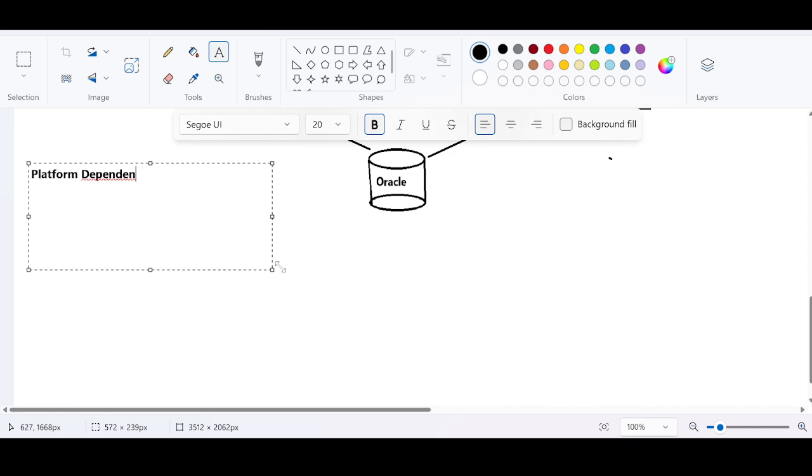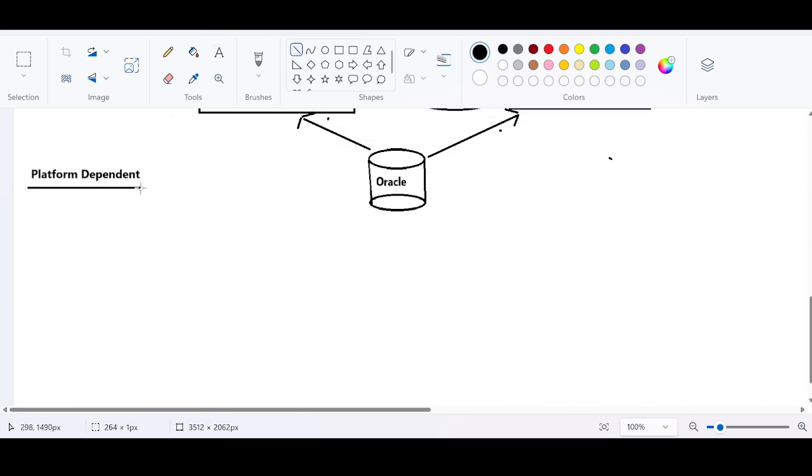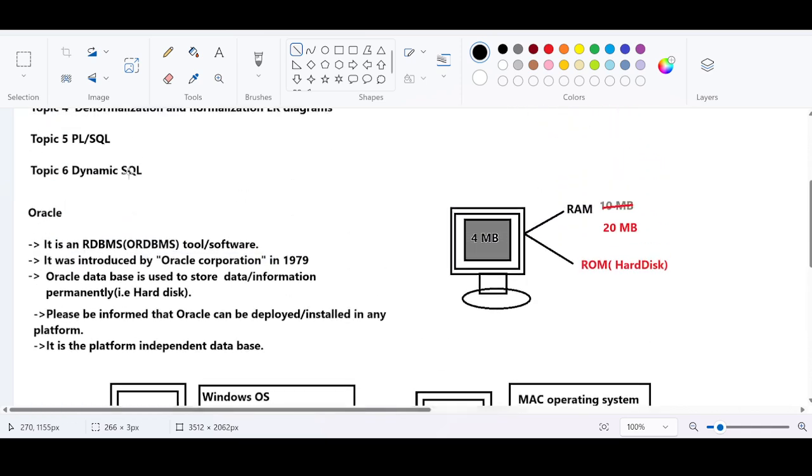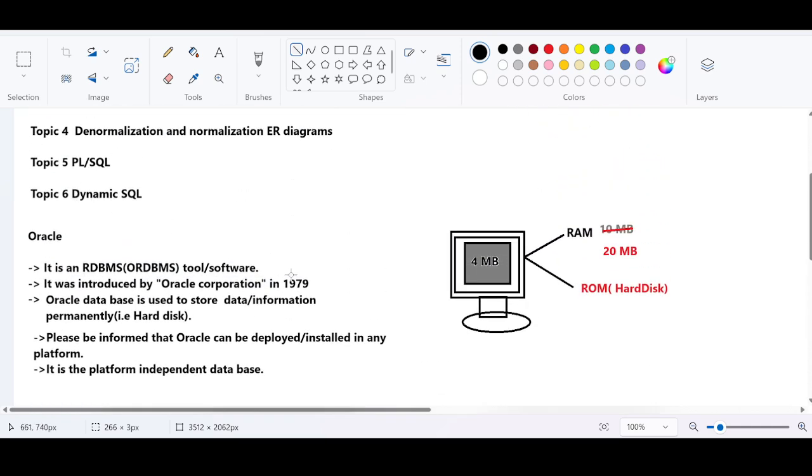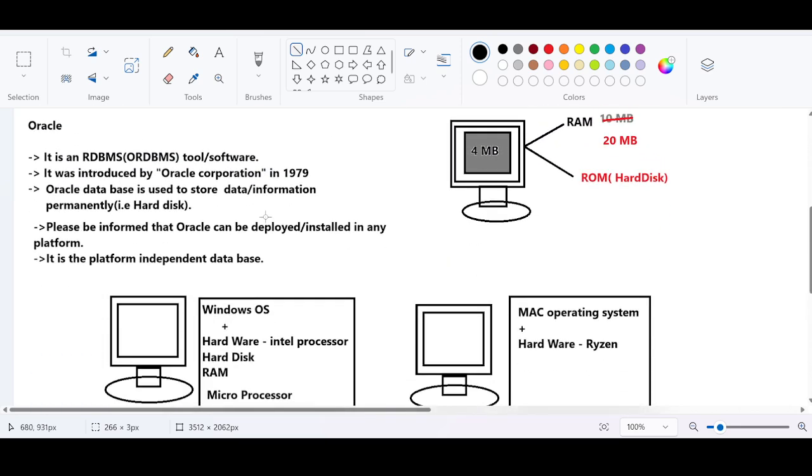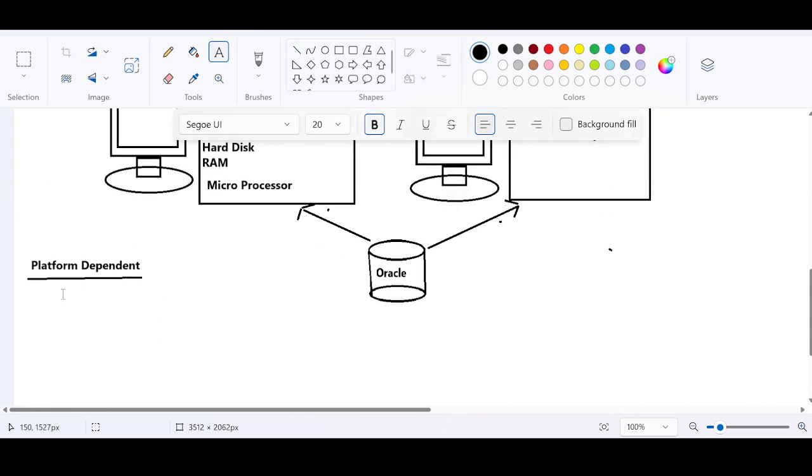To understand this, at the time of the Oracle introduction, it was introduced in the year 1979, isn't it? At the time of Oracle software introduction, there was a popular language coming into the market, making news, which is the C programming language.